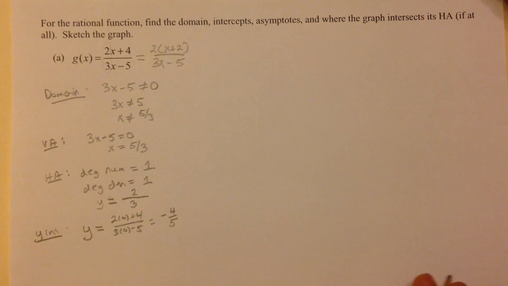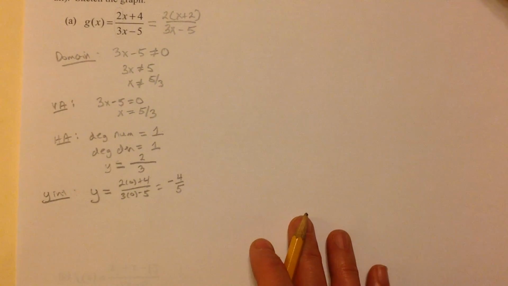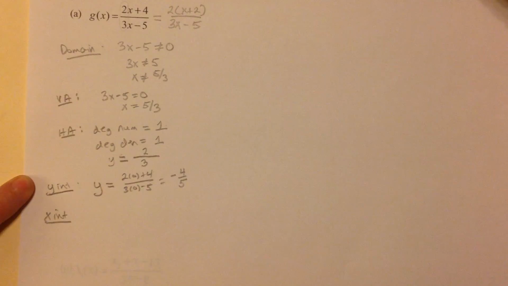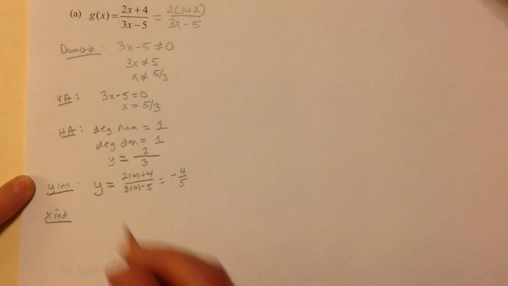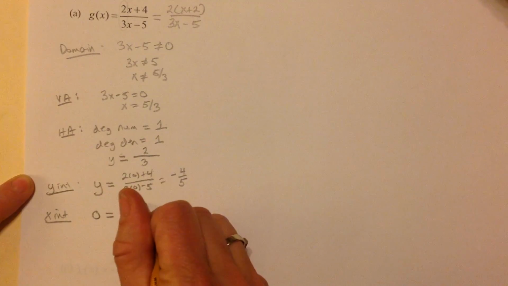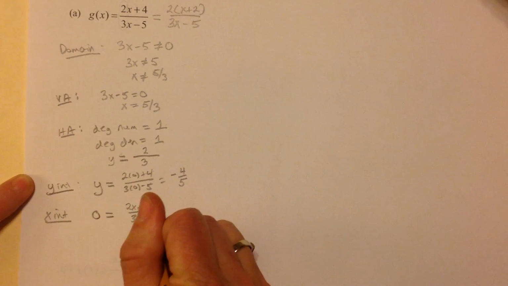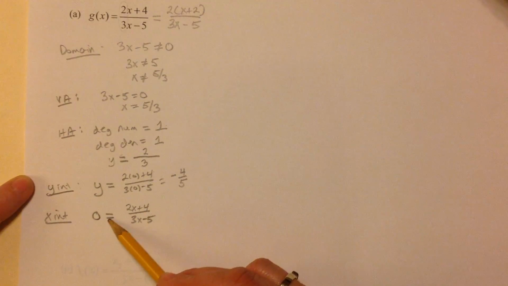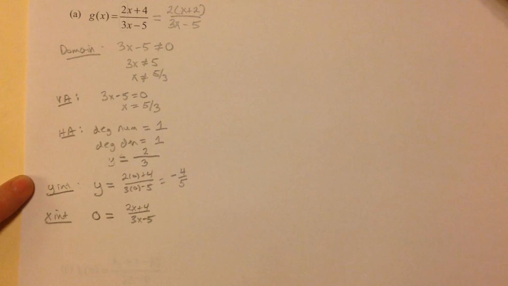Okay, the x-intercept is going to involve a little bit more algebra. The general idea for any x-intercept is to set y equal to 0. So again, that means the function is now going to equal 0. And what we have is a rational equation. The first step in solving a rational equation is to eliminate the denominator.